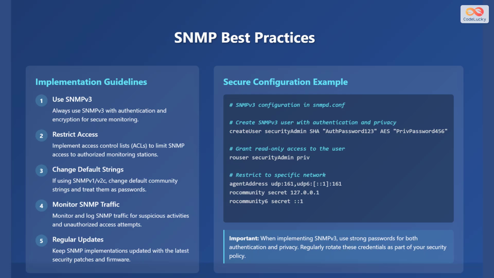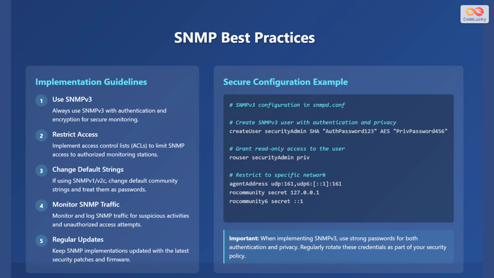For secure configuration in the SNMP daemon configuration file, create an SNMP version 3 user with authentication and privacy by using the command createUser secadmin SHA authpass123 AES privpass456. Grant read-only access to the user using the command rouser secadmin priv.